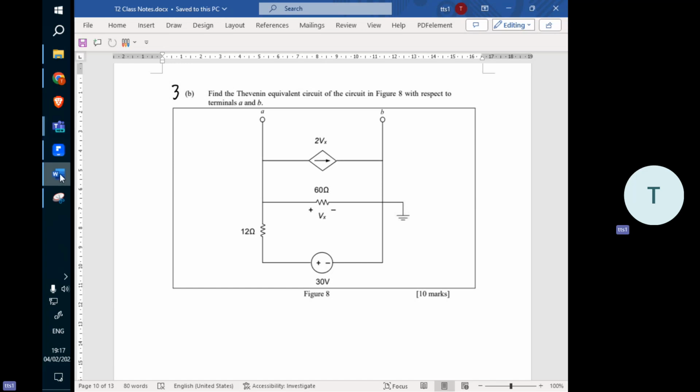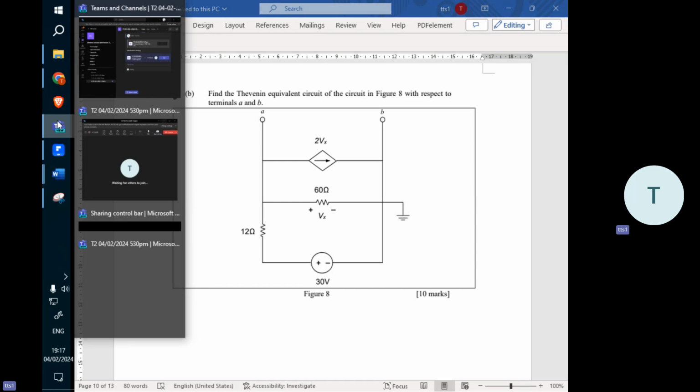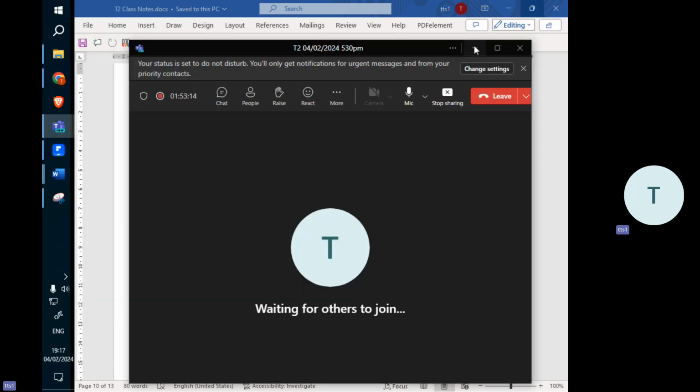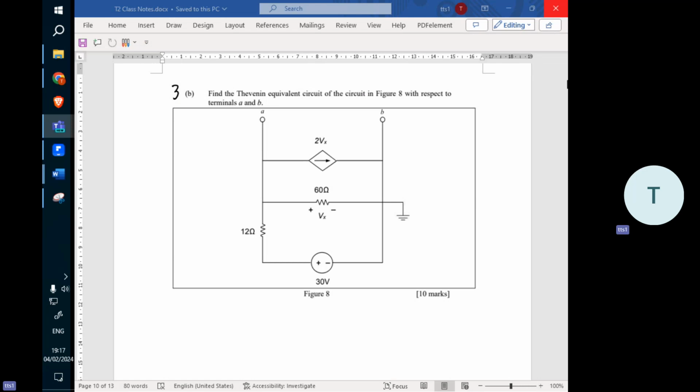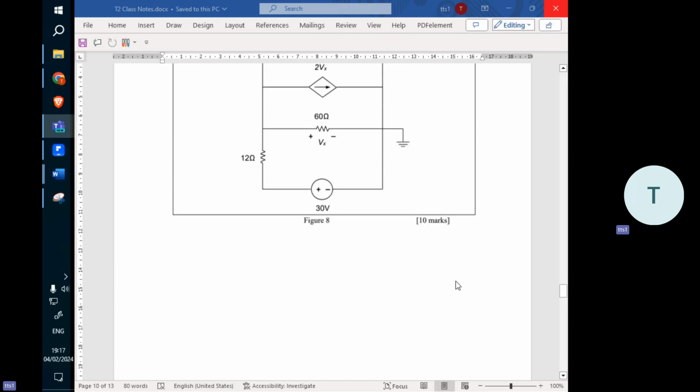All right, let's come back to this question again. We need to determine the Thevenin equivalent circuit. The Thevenin equivalent circuit is a method to simplify the circuit into only two components.